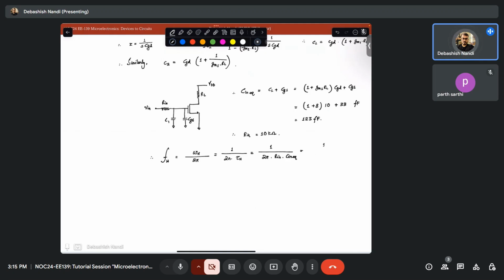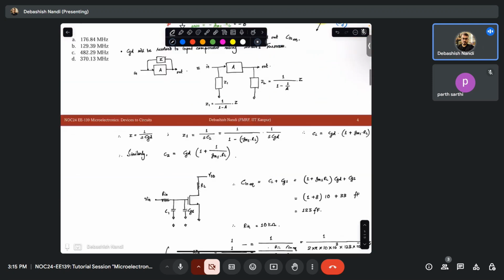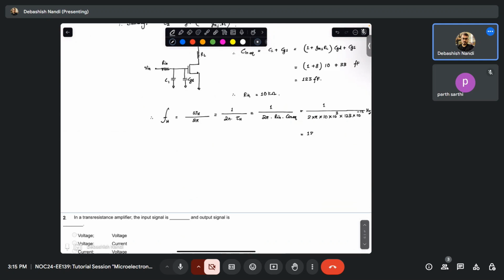So this will be 1 over 2 times pi times R in, which is 10 times 10 raised to 3, times C in, which is 123 times 10 raised to minus 15 hertz. Okay. So if you solve it, you will get the value to be 129.39 megahertz. So your FH turns out to be 129.39 megahertz.